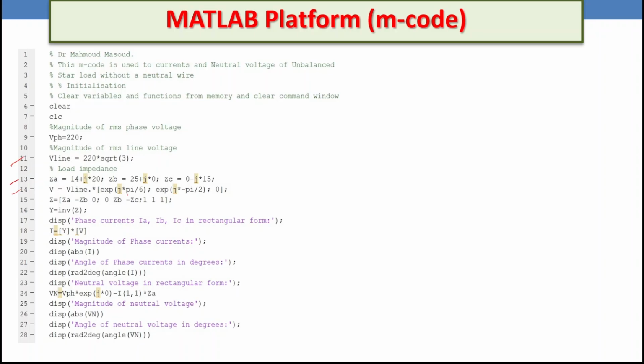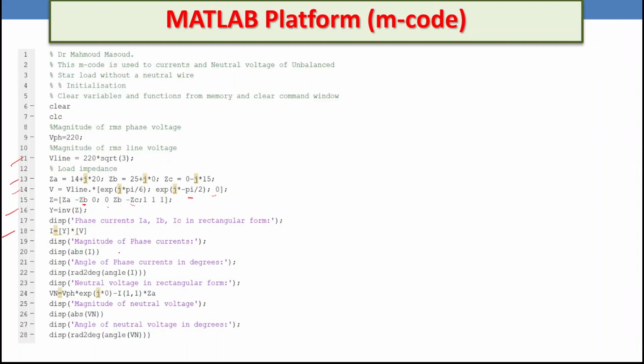That one is an angle of 30 degrees. Then the impedance matrix ZA minus ZB, 0; 0, ZB minus ZC; 1, 1, 1. So we can calculate the admittance, which is Y equals the function inv of MZ. That one is the inverse of the impedance matrix. Then we can calculate the current in line number 18: I equals Y multiplied by V voltage.